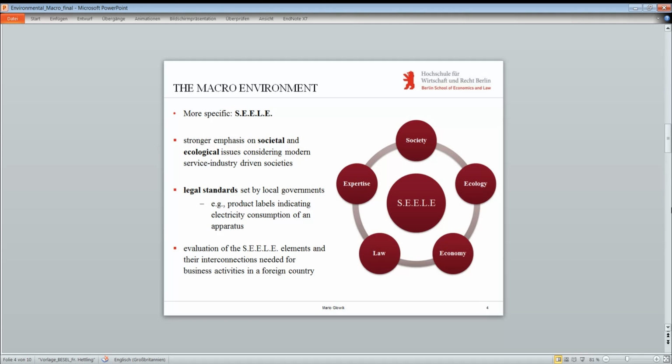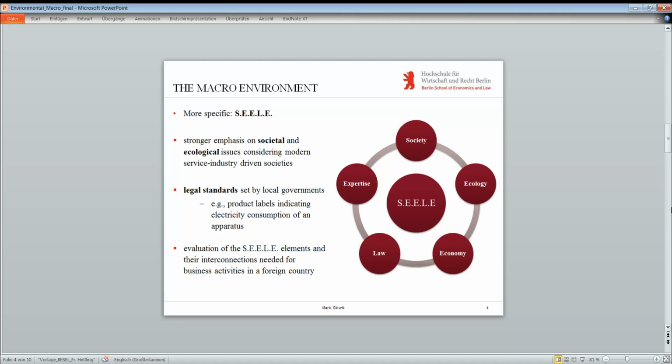SEELE, which means society, ecology, economy, law, and expertise, emphasizes societal and not narrowly social, according to the PESTEL analysis, as well as ecological issues, and better considers modern service industry driven societies.